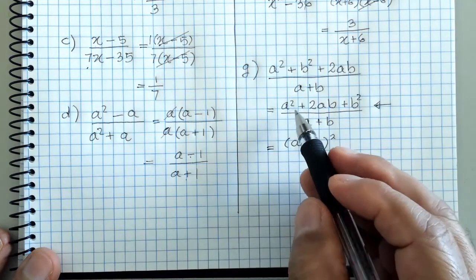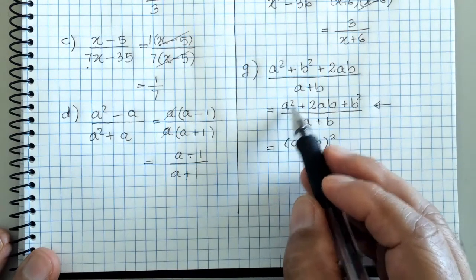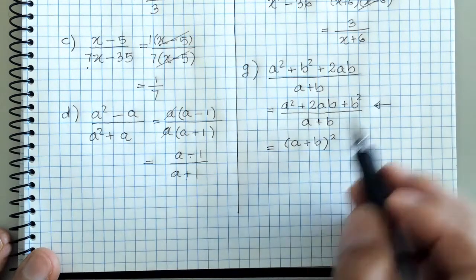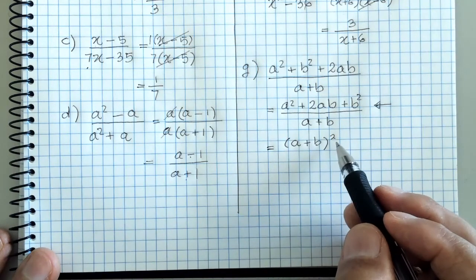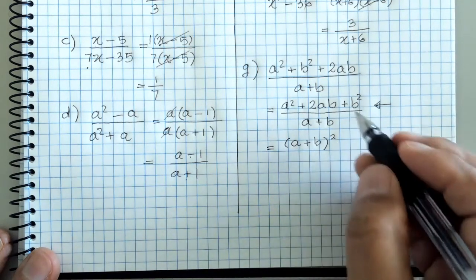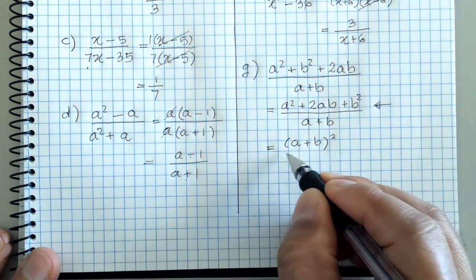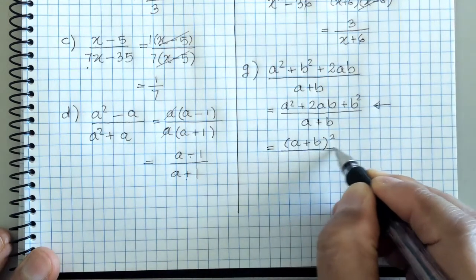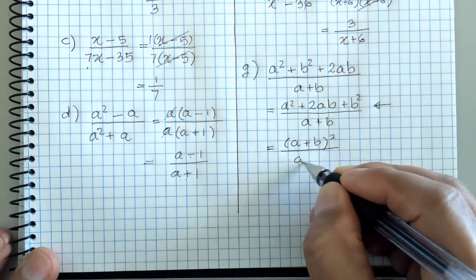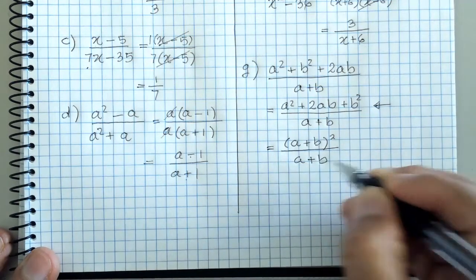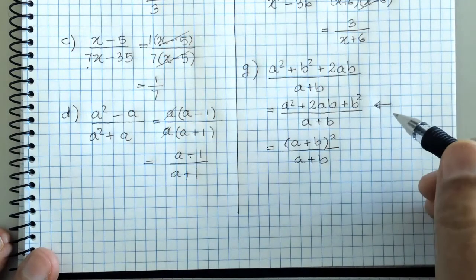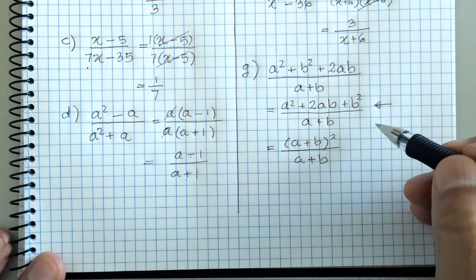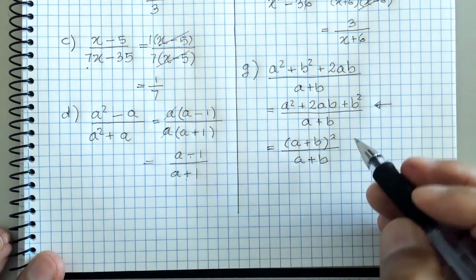So yes, I hope you remember this formula: a squared plus 2ab plus b squared is always equal to (a plus b) squared. That is something that you did before, so I'm assuming that you know what to do. But if you don't, make sure that you revise that section that you did before.